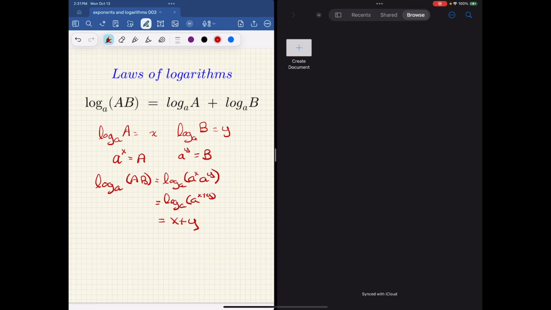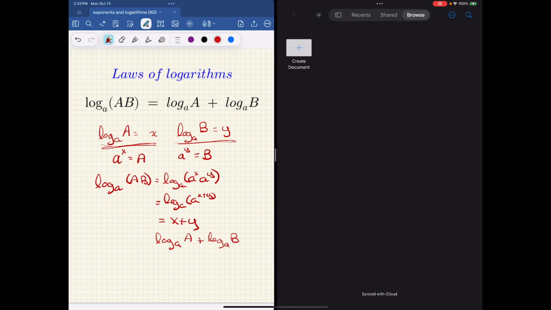But x plus y is log base a of A, from our definition of x up here, plus log base a of B, from my definition of y up here.